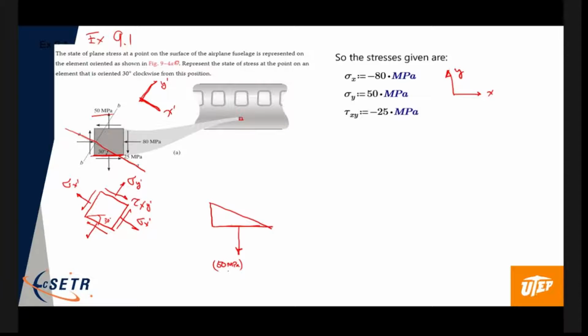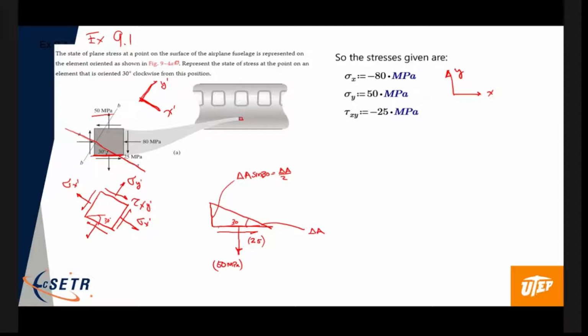I'm going to drop the units in a little bit just to save my writing. And we also have the 25 megapascal stress acting there, the shear stress, right? This face here has an area of delta A. And since this angle here is 30, this face here has an area of delta A sine of 30, or in other words, delta A on 2.